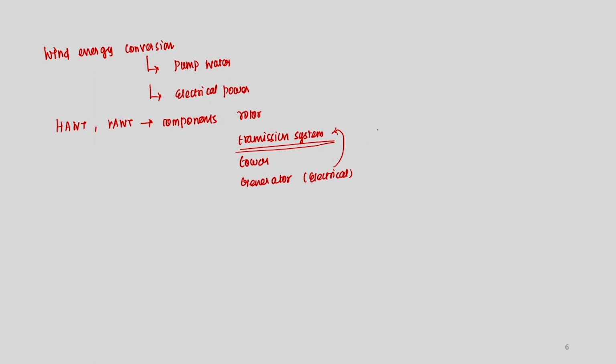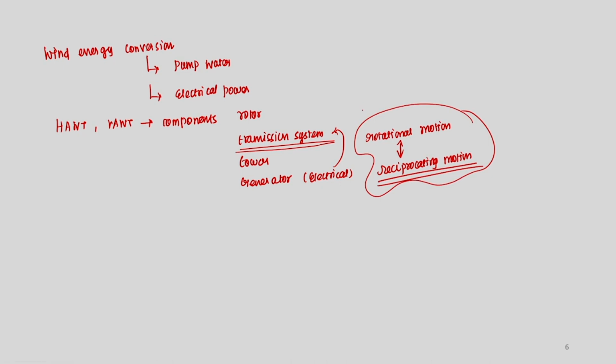If the wind energy is used for pumping the water, then you might be converting the rotational motion into reciprocating motion. Right. So, if you are using a reciprocating pump, or if you are using a centrifugal pump, then direct rotational motion can be used. So, regarding this, if there is any conversion like this, then you might have such components in the transmission system.